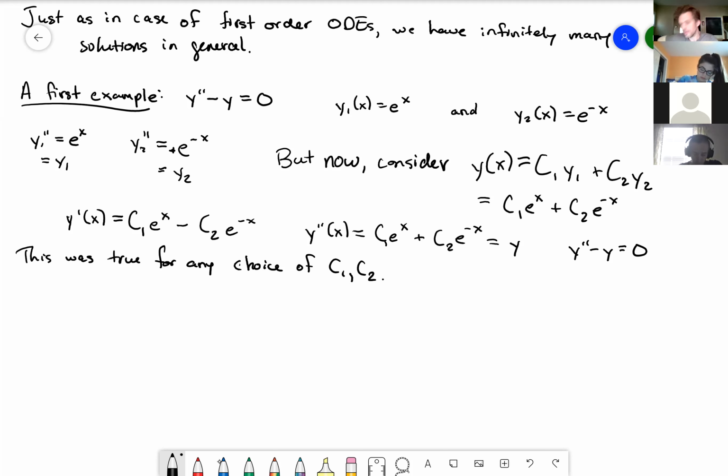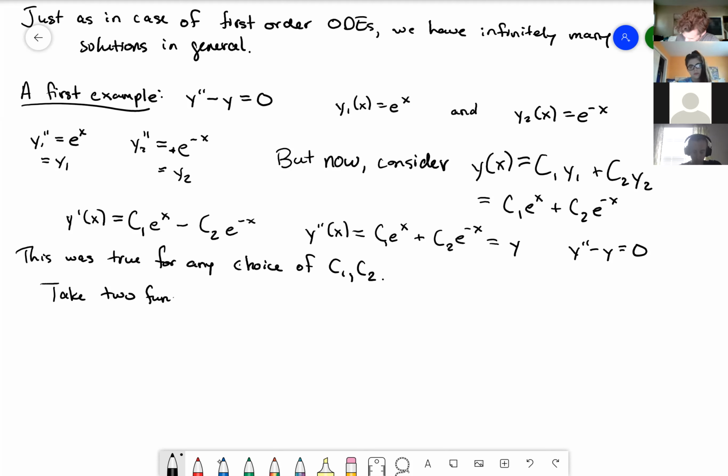So when we take two solutions and we form, well, they don't have to be solutions. Let's just say we're taking functions.